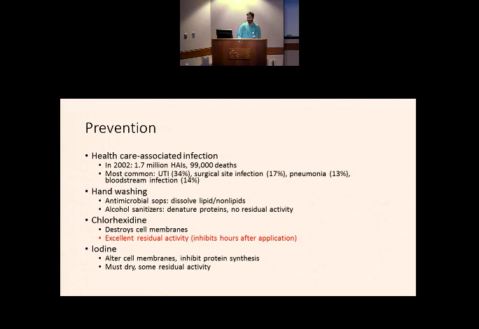Most commonly, these are UTIs, so we try to limit Foley use. Surgical site infection is a pretty big one. We have the SCIP protocols where antibiotics need to be given in less than an hour, proper surgical site prep, amongst others. Pneumonia is another one, and bloodstream infection.